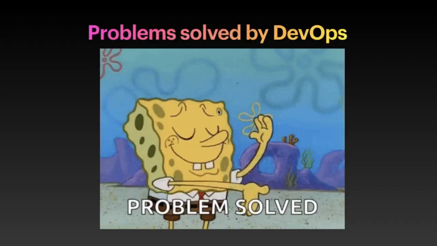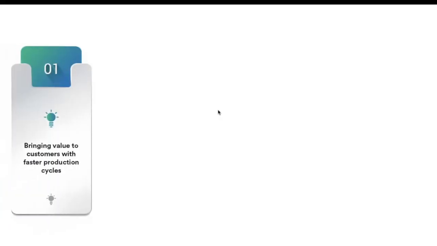So here are the problems solved by DevOps. It is bringing value to the customers with faster production cycles, because the application is developed continuously, and the feedback is given by the test cases, whether they are failing or passing. Based on that, the build will continue and go for the further process, and all will be in an automated way.